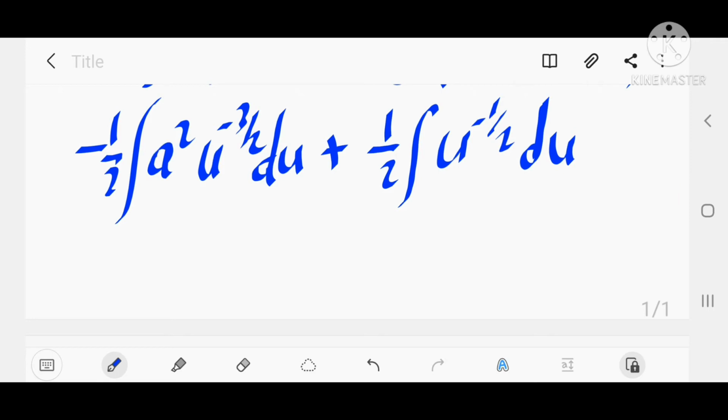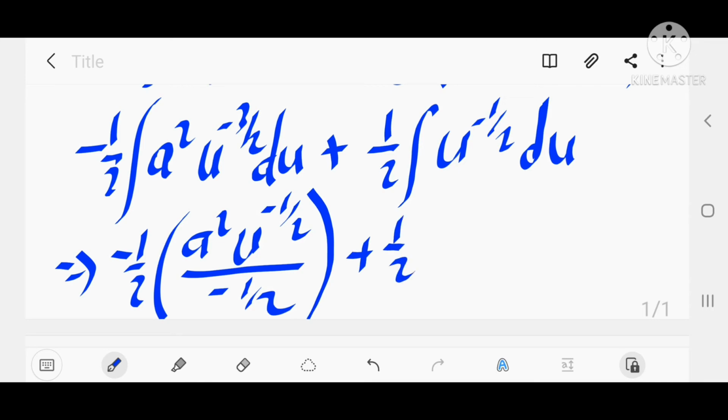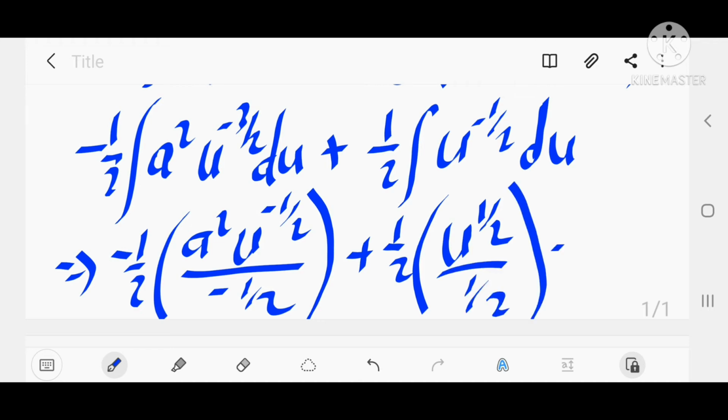Integrating, we have negative half of a squared, then u exponent negative 3 on 2 plus 1, that will give us negative 1 on 2, divided by negative 1 on 2, then plus half of u exponent half on half, plus c, which is a constant.